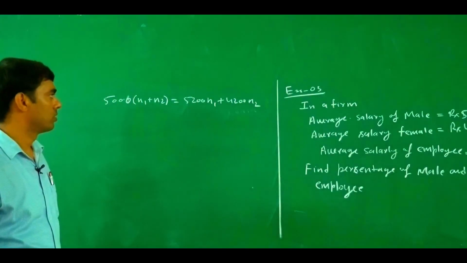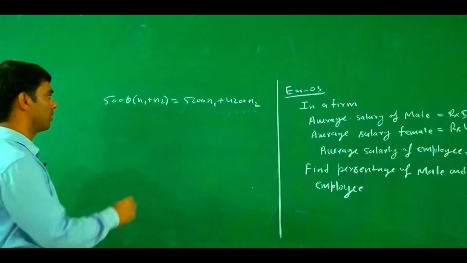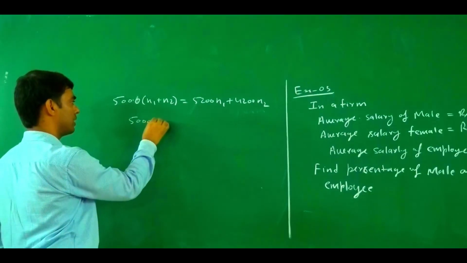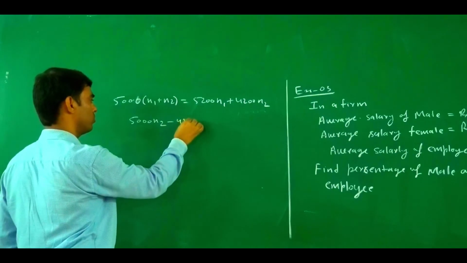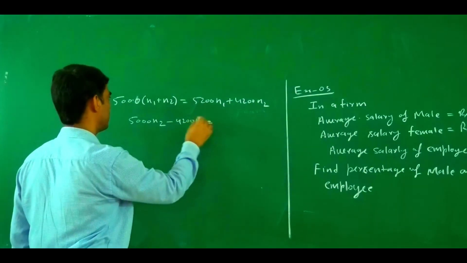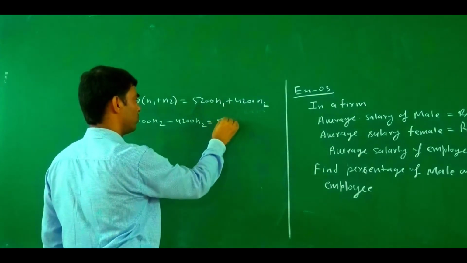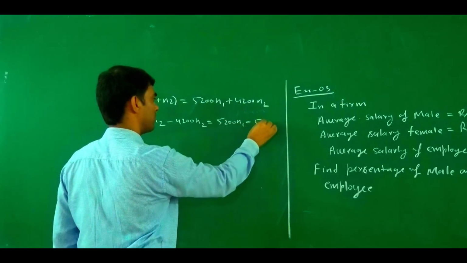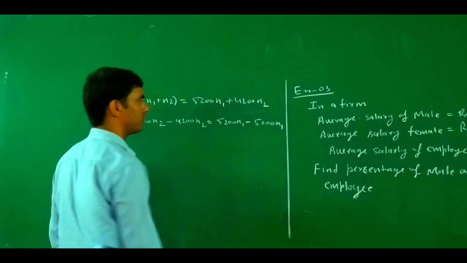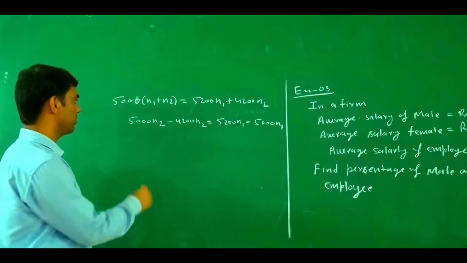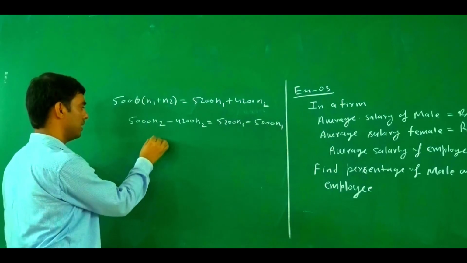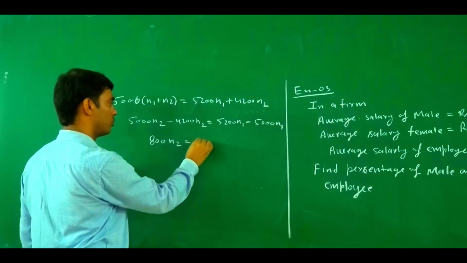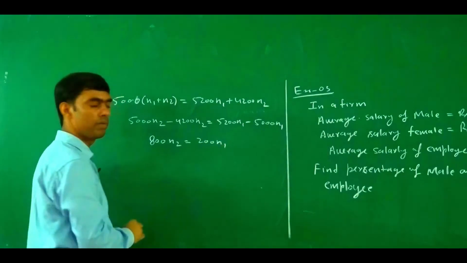So if we simplify this, 5,000 n2 minus 4200 n2 equals 5200 n1 minus 5,000 n1. This becomes 800 n2 equals 200 n1.